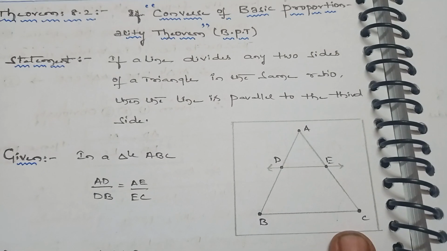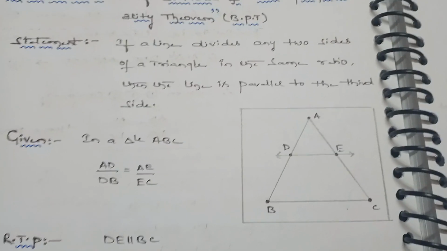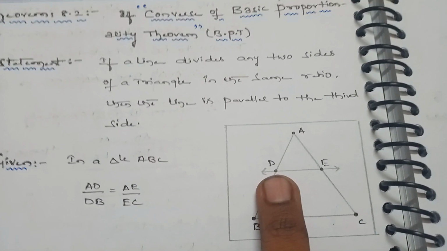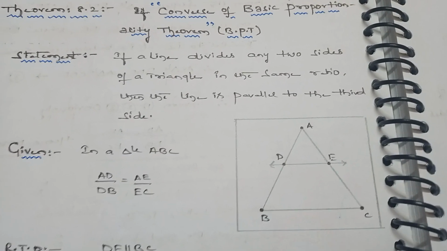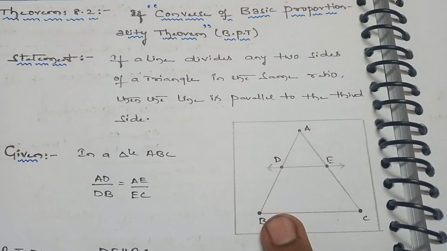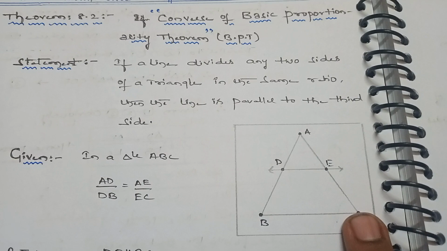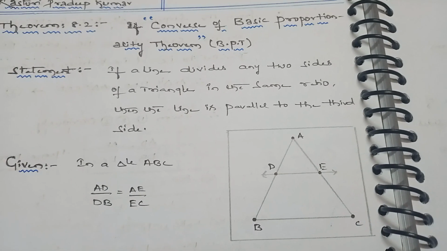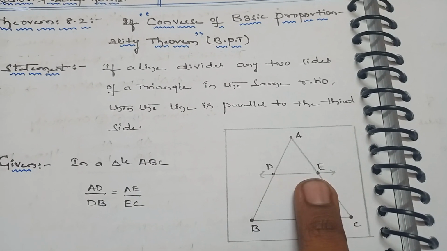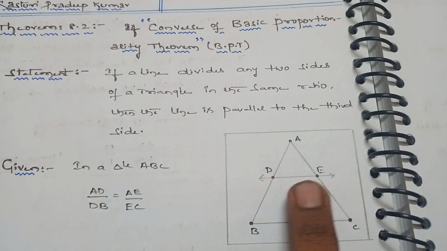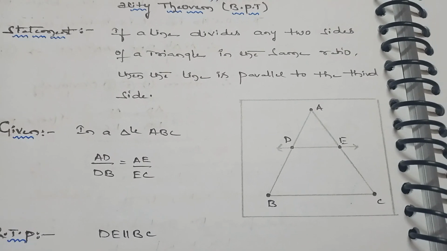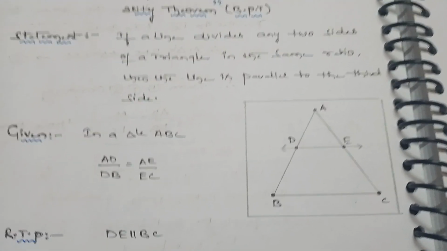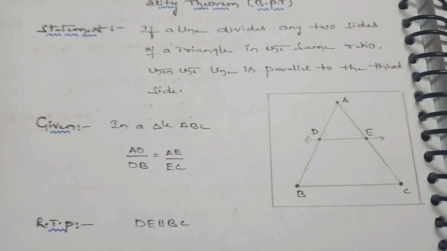In BPT, DE parallel to BC is given, and we prove AD by DB equals AE by EC. But in this scenario, DE parallel to BC is what we need to prove. What was proved there becomes the given here, so it is exactly opposite, guys.